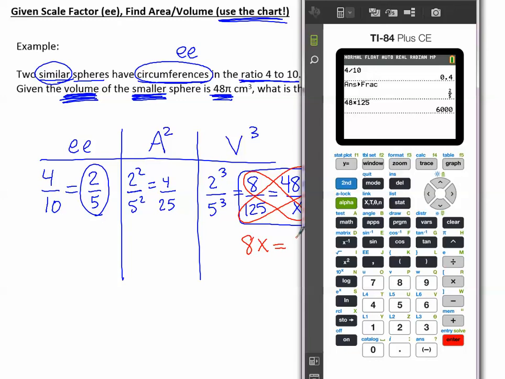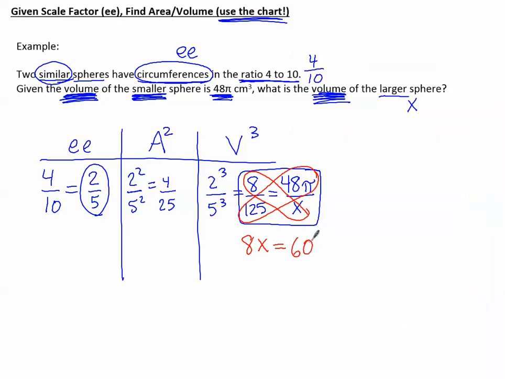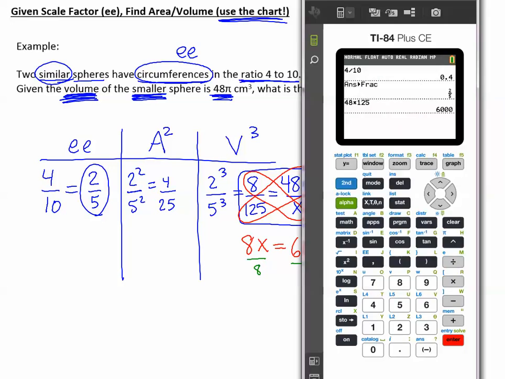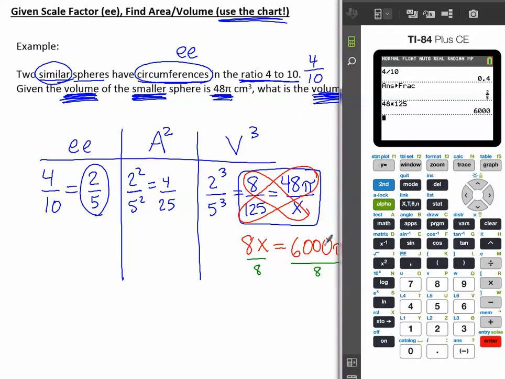So back to my proportion that I'm solving, I got 6,000, but I need to say times pi because I didn't type that in. Remember, I'm trying to get x by itself, so now I need to divide both sides by 8.